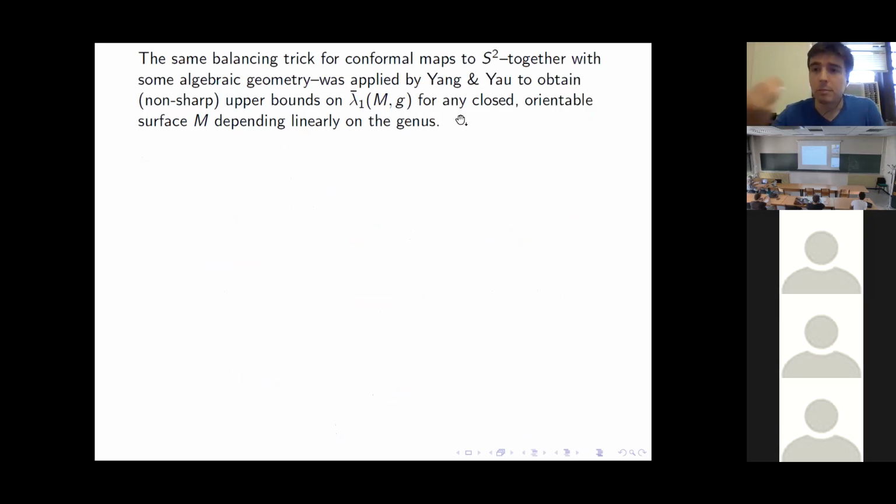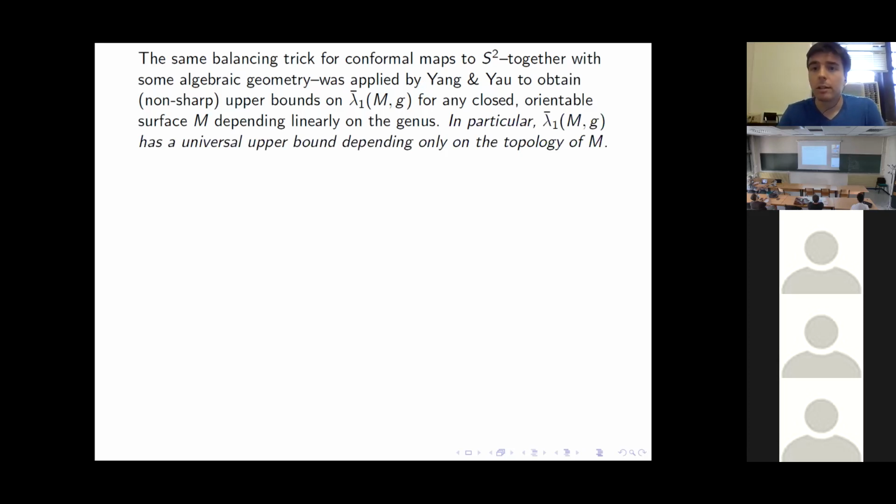And we can estimate the degree of these covers in terms of the genus by algebraic geometry. And so they're able to get upper bounds in general on these first eigenvalues, just depending linearly on the genus of the surface. So in particular, we see, in answer to this original question, that these first eigenvalues have a universal upper bound, depending just on the topology.